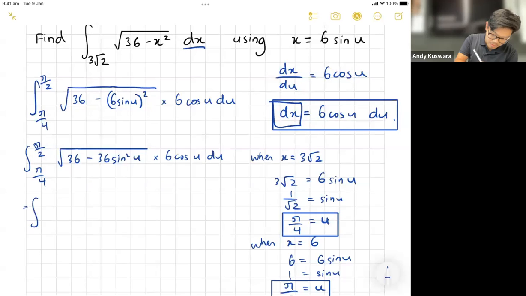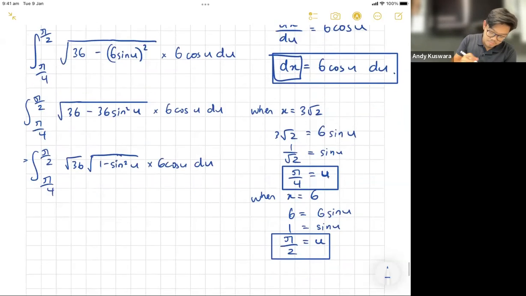Now this one here is going to be a little bit gross. Okay, now if I'm not mistaken here, I can factorize this out. So it's going to be root 36 multiplied by the square root of 1 minus sine squared u times 6 cos u du. Okay, so this just becomes the integration of pi on 2 between pi on 4.